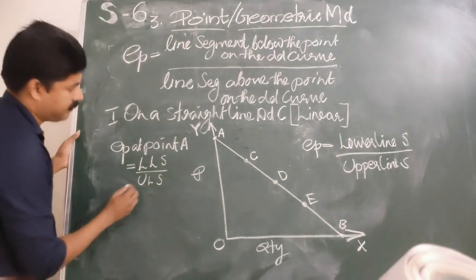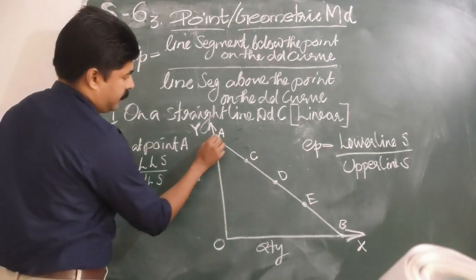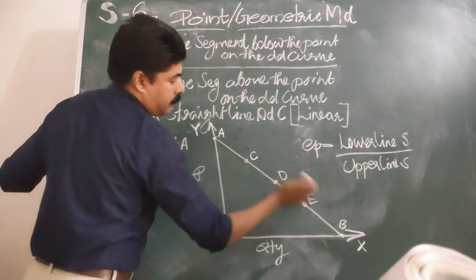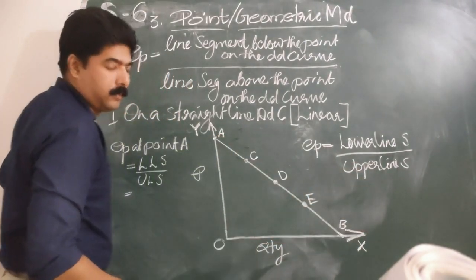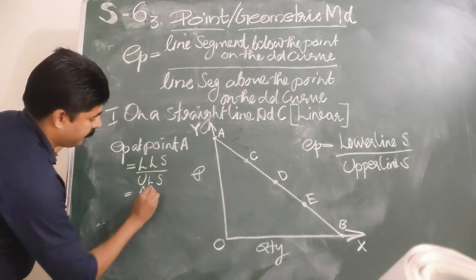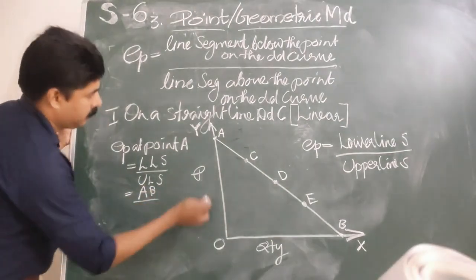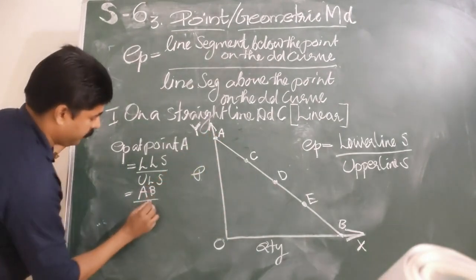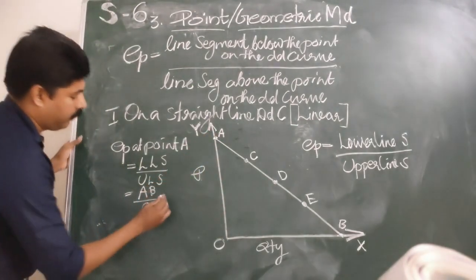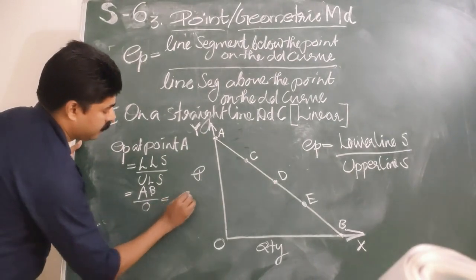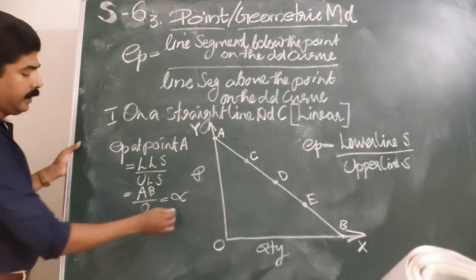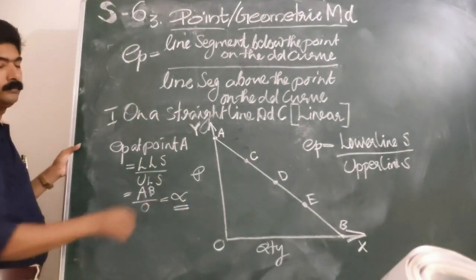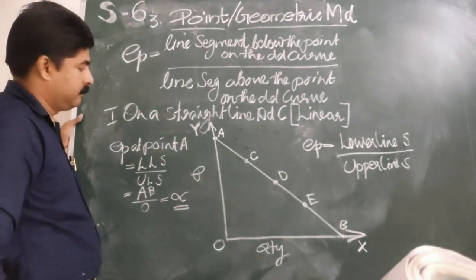The lower line segment is AB, and the upper line segment is 0, as it touches here. So we write AB upon 0. Therefore, the value is infinite.